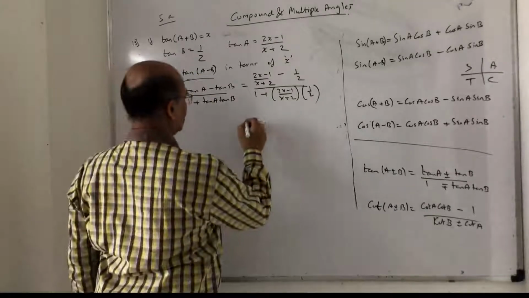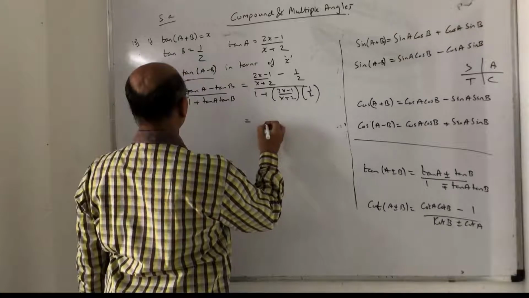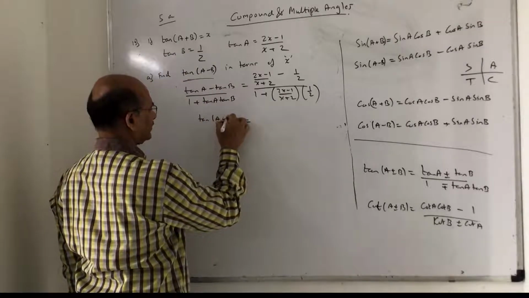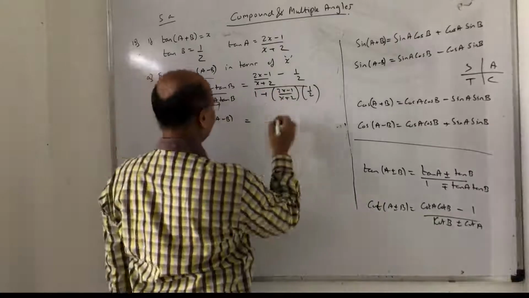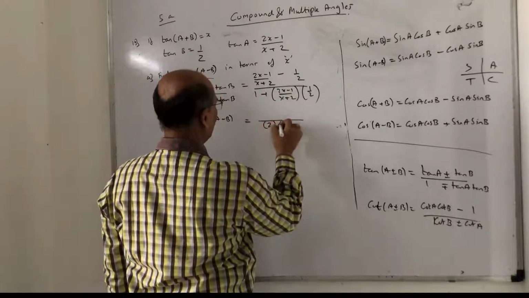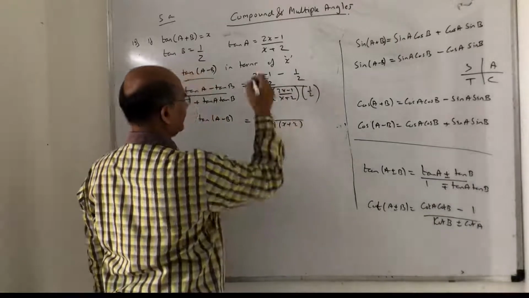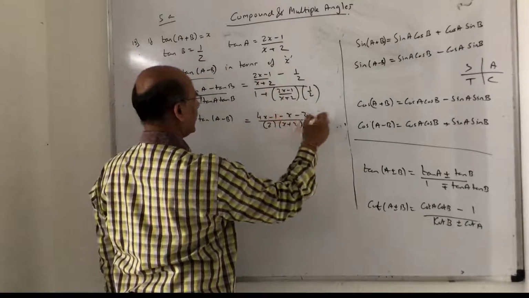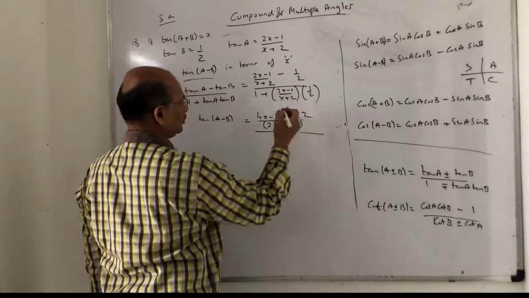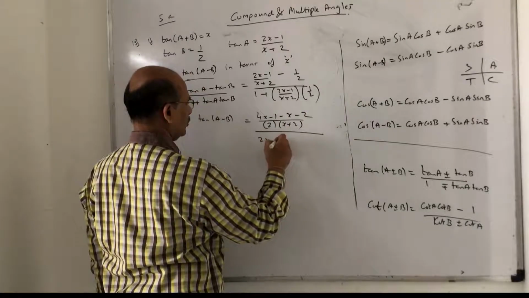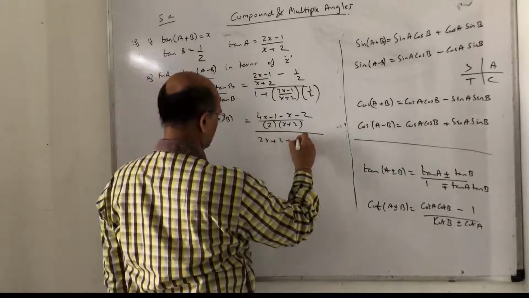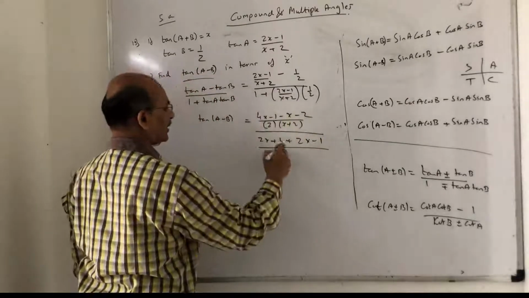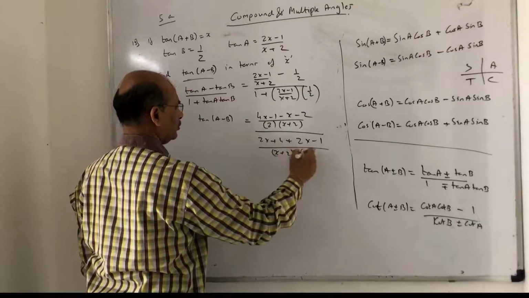Now if you see this, this is nothing but tan of A minus B in terms of x, they are asking. What is the LCM here? 2 into x plus 2 and cross multiply. So 4x minus 1 minus x minus 2 upon 2x plus 4 plus 2x minus 1, 2x plus 4, cross multiply, and here it is x plus 2 into 2.